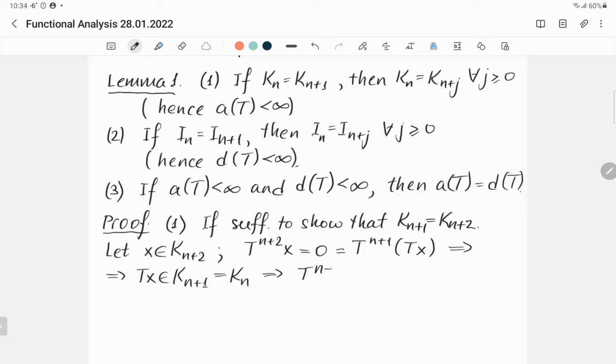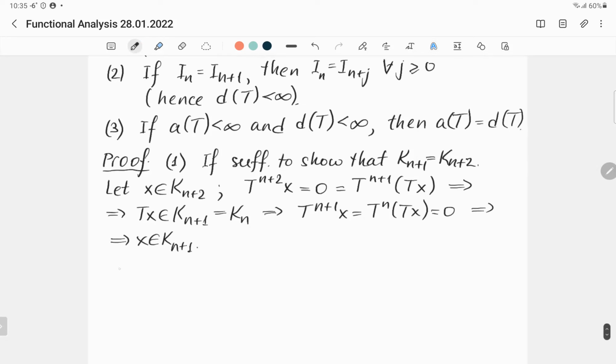And so T to the n plus 1 of x, which is nothing but T to the n applied to T of x, is 0 because T of x sits in Kn. And as a result, we deduce that x sits in Kn plus 1 because T to the n plus 1 of x is 0. And that's it. So we proved that any vector in Kn plus 2 actually belongs to Kn plus 1. So this completes the proof of part 1.